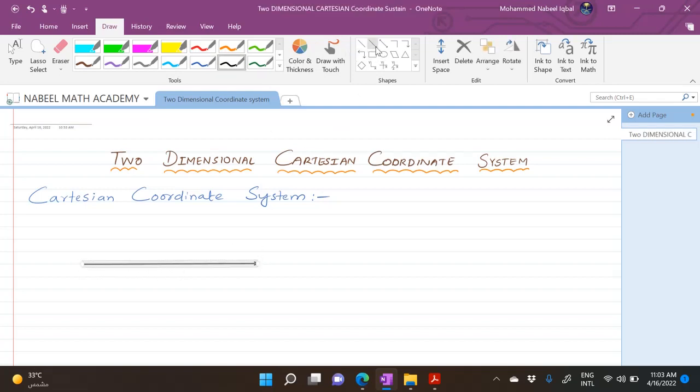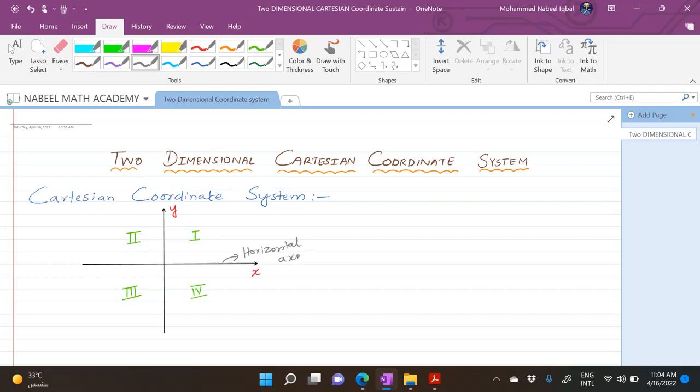So this is the x-axis and this is the y-axis. The vertical axis we call the y-axis and the horizontal we call the x-axis. And here we have the first quadrant. This is the first quadrant, this is the second quadrant, this is the third quadrant, and this is the fourth quadrant. This one is the horizontal axis, that is the x-axis.